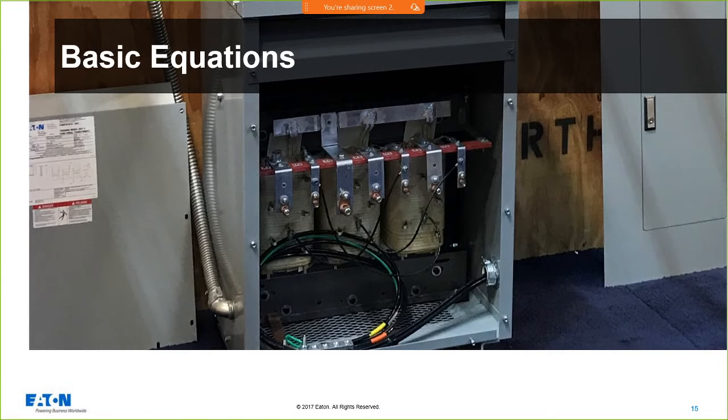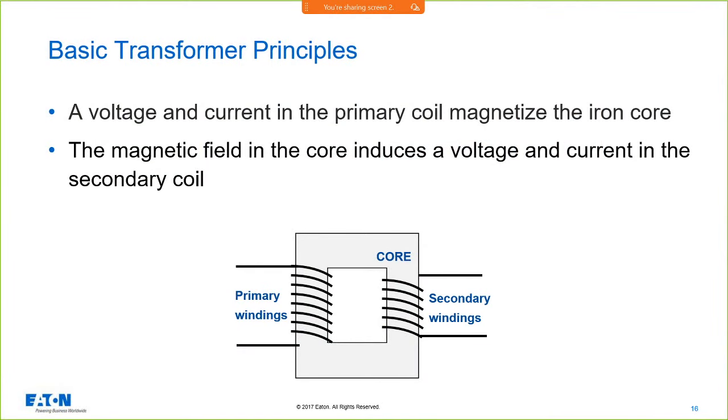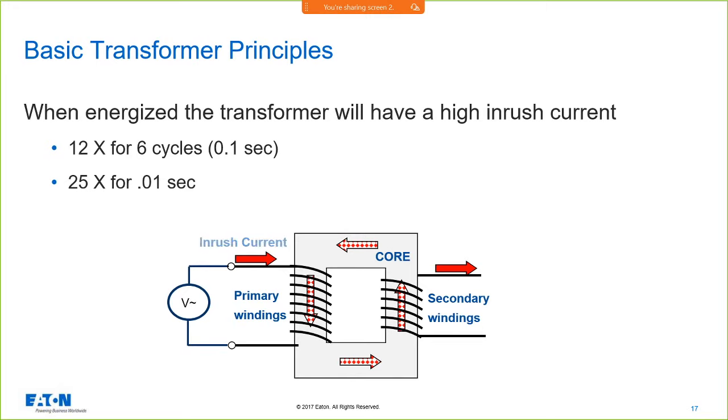All right, so basic equations. There are some fundamental equations that I think we all need to know and understand, which will help us understand how transformers operate and function. I'm applying a voltage to a coil of wire around an iron core, and I'm inducing a current and flux, magnetic components, to induce current in the secondary. So I am applying a voltage on the primary and I'm going to have a resultant voltage on the secondary.